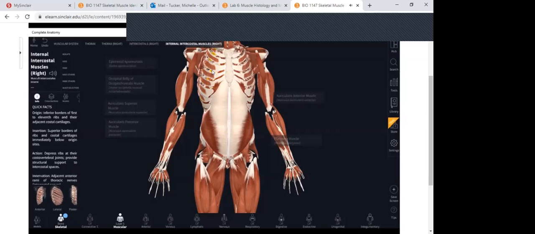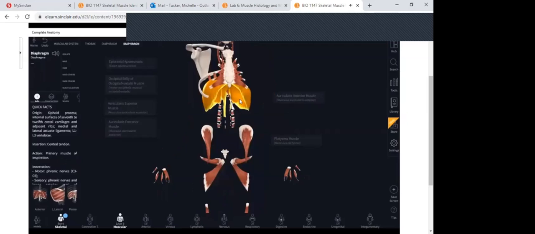The internal intercostals will depress the ribs and decrease thoracic volume. The diaphragm is this dome-shaped muscle, and when you inhale, it will flatten, increasing thoracic volume.